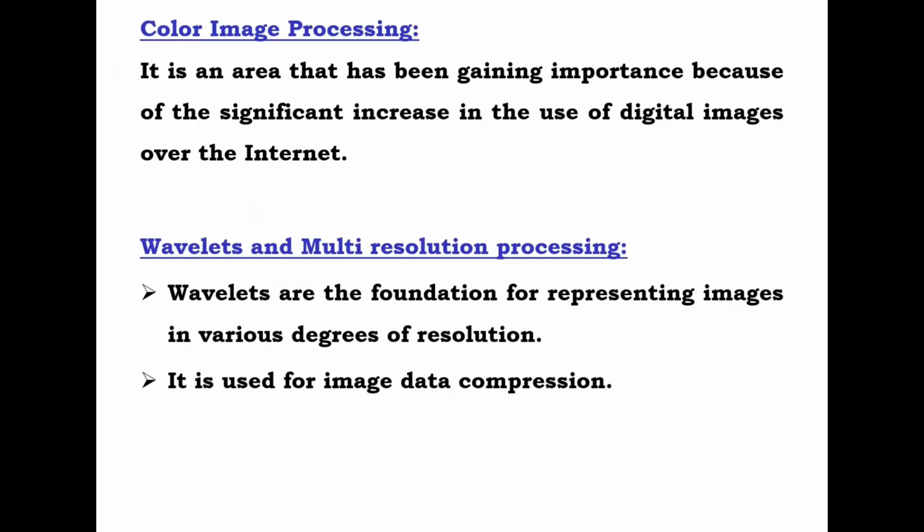The next step is color image processing. In color image processing, we generally deal with color images, and this is gaining a lot of importance because of the increase in the use of digital images over the internet. The next step is wavelets and multi-resolution processing.